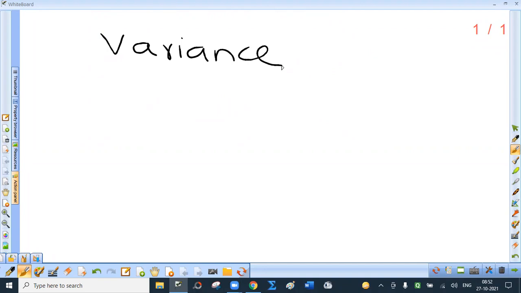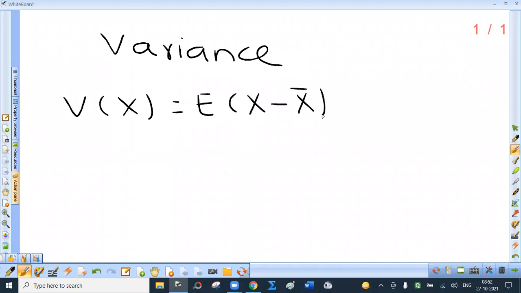If x is a random variable taking values x1, x2, x3 up to xn with probabilities p1, p2, p3 up to pn, then variance is defined as V of x equal to E of (x minus x bar) square. I repeat, variance is defined as E of square of x minus x bar. What is this x bar?